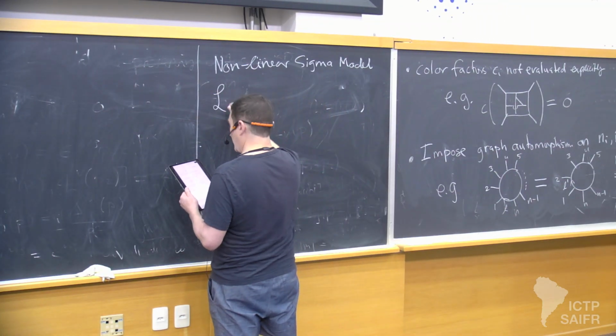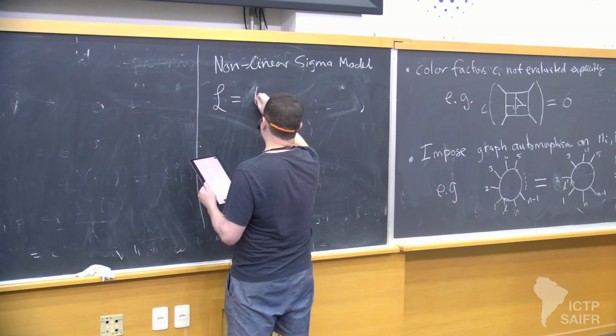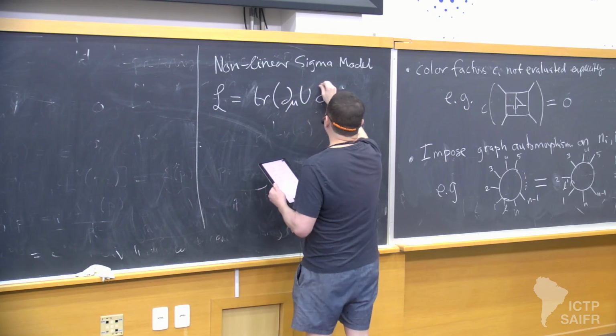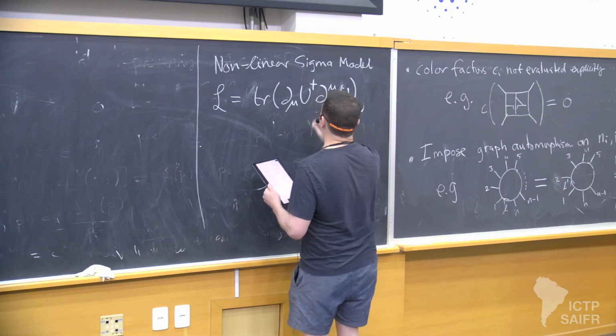So the Lagrangian, there's many ways to write it, but I think one standard way is writing it like this: trace of d mu U, d mu U, and there's a dagger here.